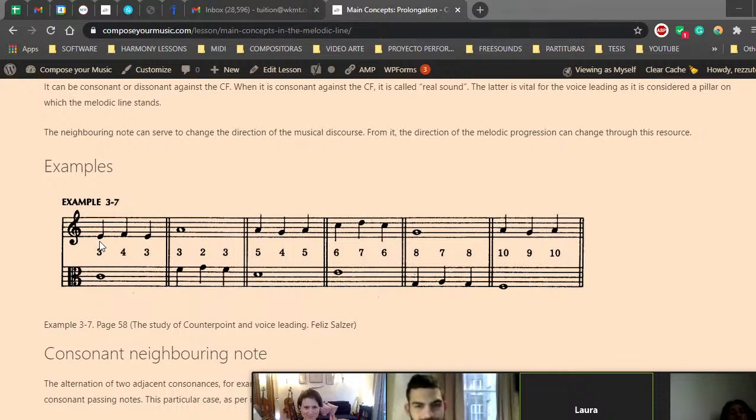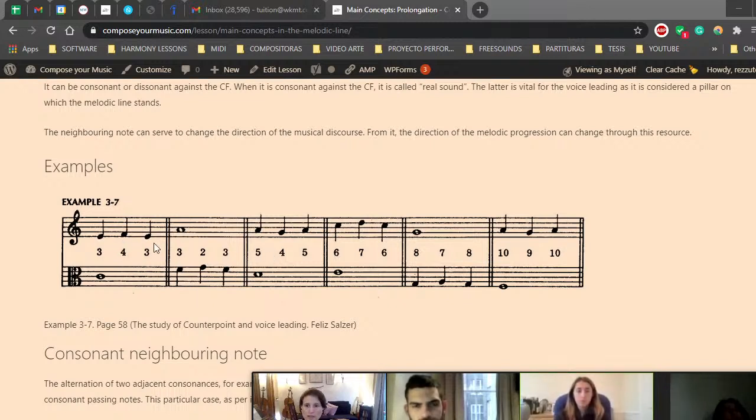That is very important. Now, the second and the fourth, yes, even the third crotchet can be a dissonance. But sparingly. Yes. So in this case, always the second crotchet. If you see, you have either the fourth, the second, the fourth, the seventh, the ninth.